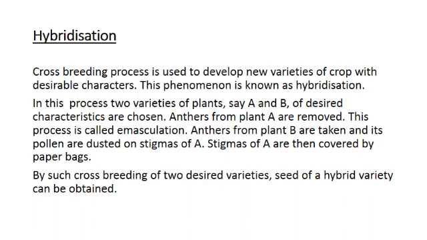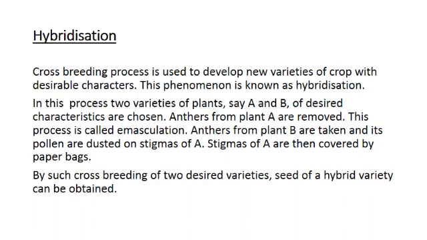In this process, two varieties of plants, say A and B, of desirable characteristics are chosen, and anthers from plant A are removed. This process is called emasculation, means removal of anther from the plant.